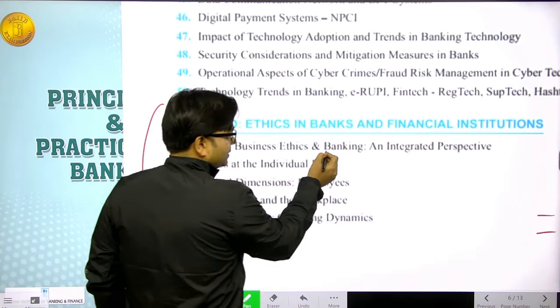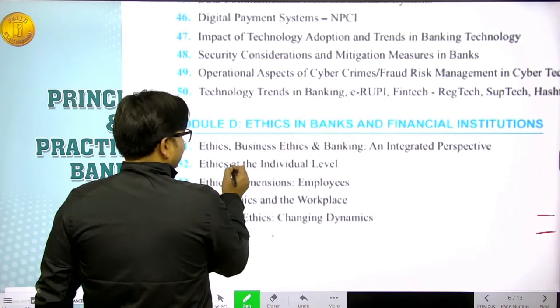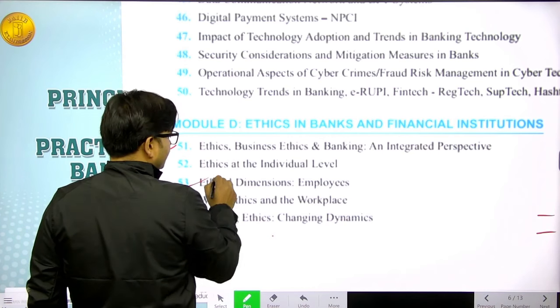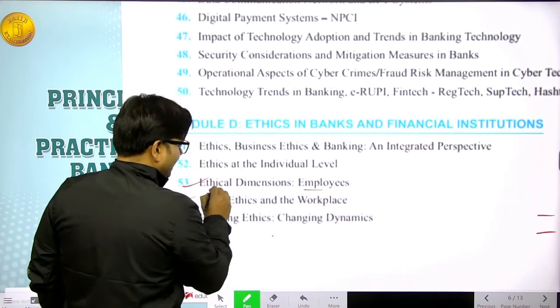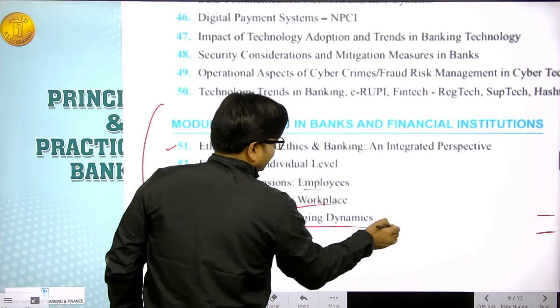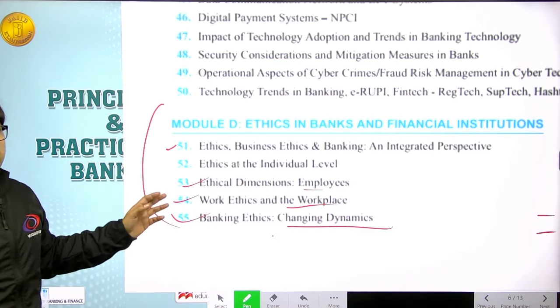Ethics, business and ethics, banking and integrated risk perspective, ethics at the individual level, ethics dimensions, employee work ethics and the workplace, banking ethics and changing dynamics. These are the same topics that were in PPB.